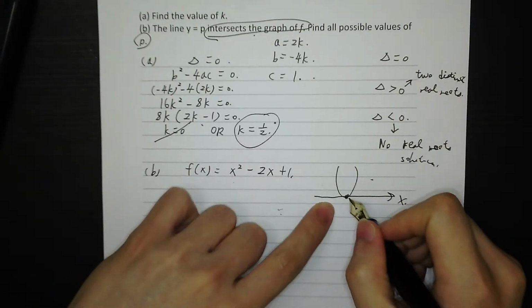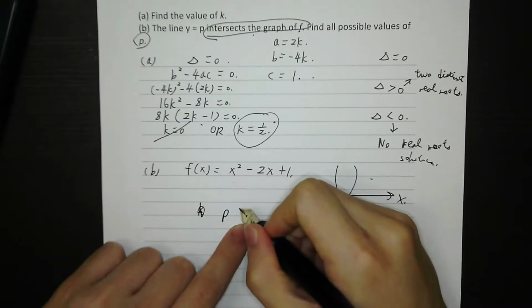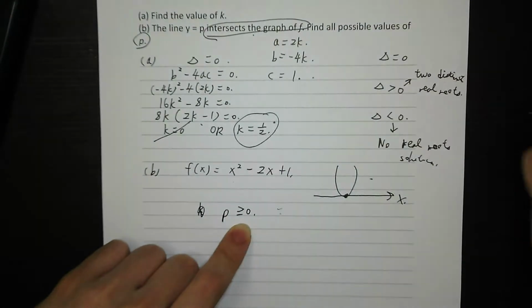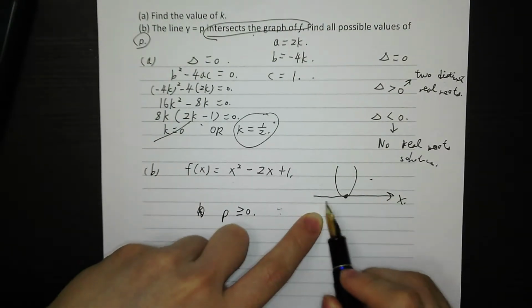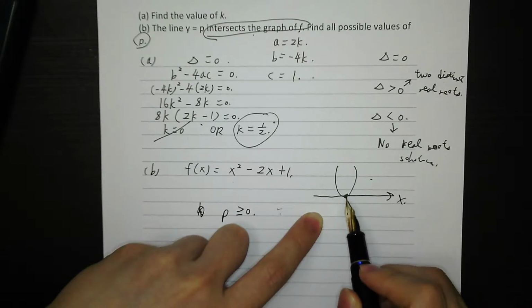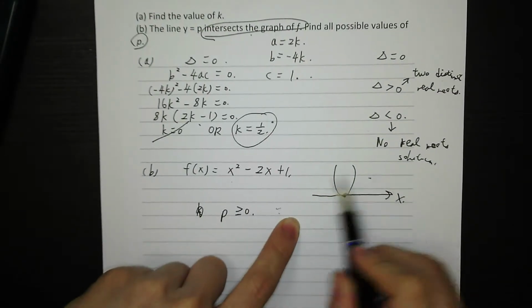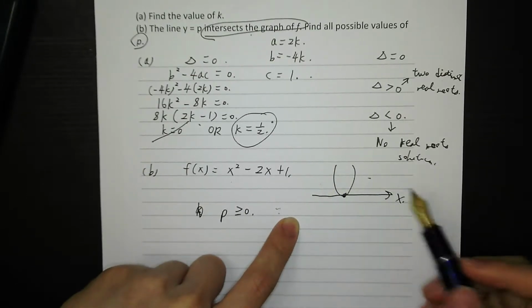When p is greater than or equal to 0, the line intersects the graph. When p equals 0, the straight line only touches one point of the graph. But when p equals 1, 2 or 3, it intersects the graph at two points.